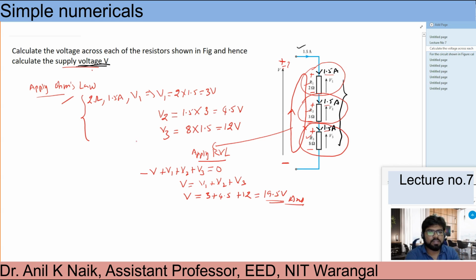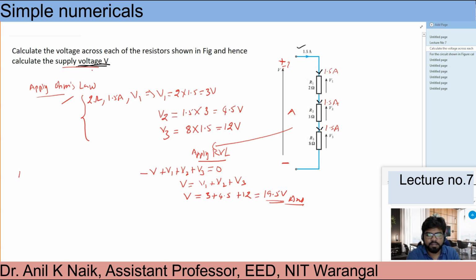Now you need to understand one more concept, called the total power. Calculate the total power. As we know, power is the rate of energy consumption in an electrical circuit.